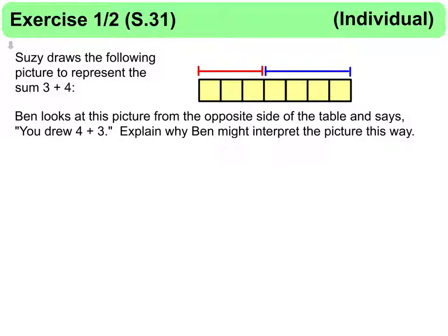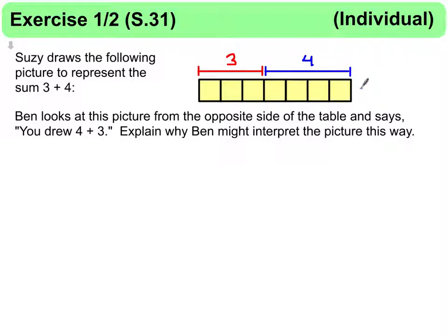In this illustration, Susie draws the following picture represented by the sum 3 plus 4. What we're recognizing as the 3 and the 4 is that Susie has 3 boxes here, and then she added to it 4 boxes there. Well, Ben looks at this picture from the opposite side of the table.